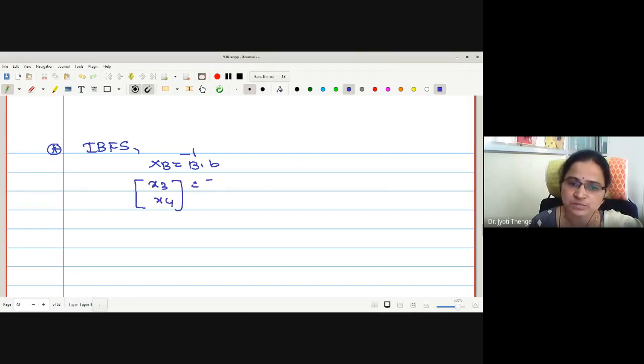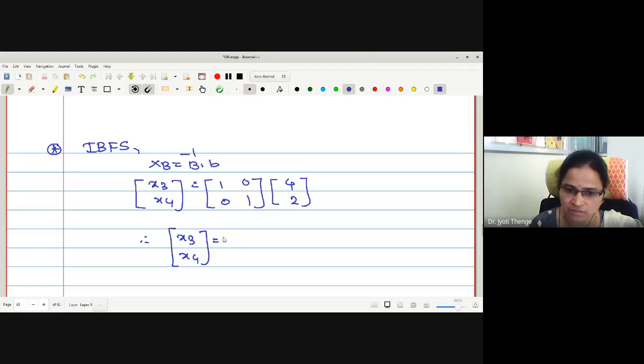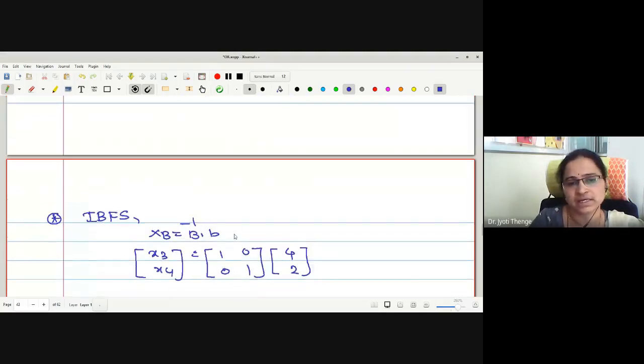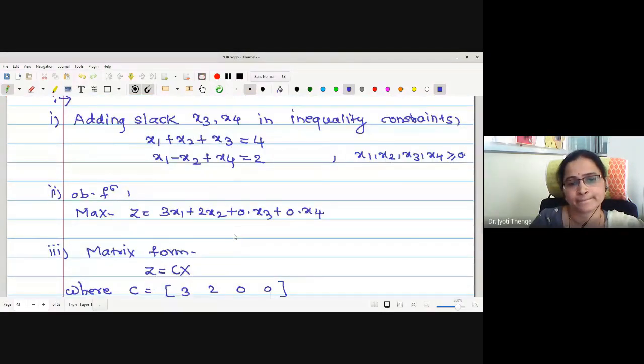What is B inverse? 1001 again. And what are the right hand side constants? 4, 2. Therefore, what is my initial basic feasible solution? Two variables x3, x4 take the values 4 and 2, and all the original variables take the values 0, 0. Is it clear up to this step?